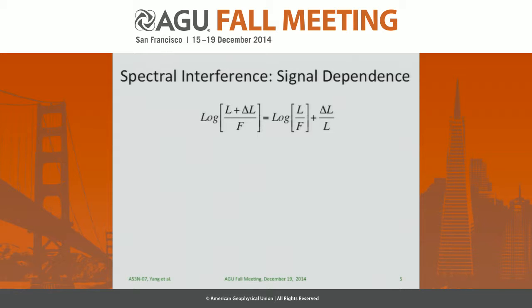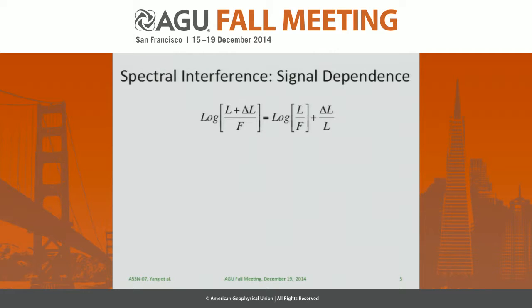Here's an example of what the spectral interference would look like. L is the radiance the satellite measures, and F is the solar irradiance the satellite measures. We have to normalize them before doing the retrieval. Here I have a term called delta L, which is an addition to the normal straight line, but all kinds of other interference can also be represented by this change.